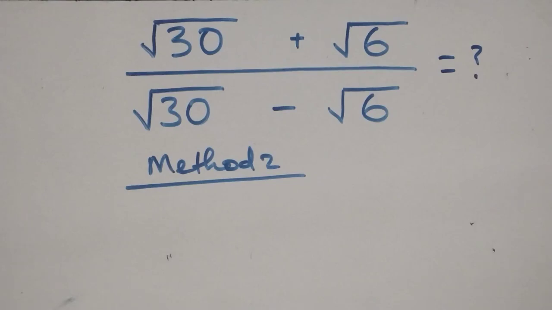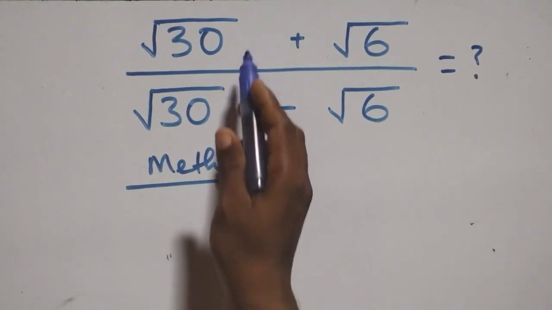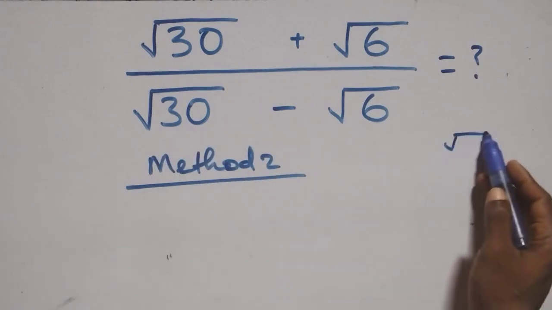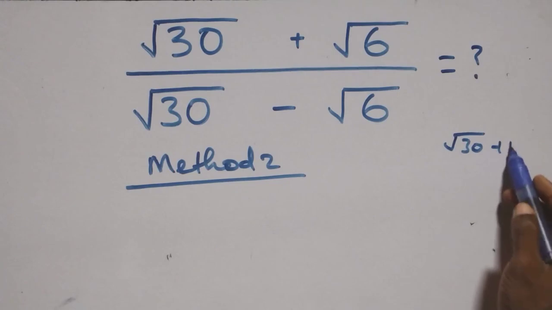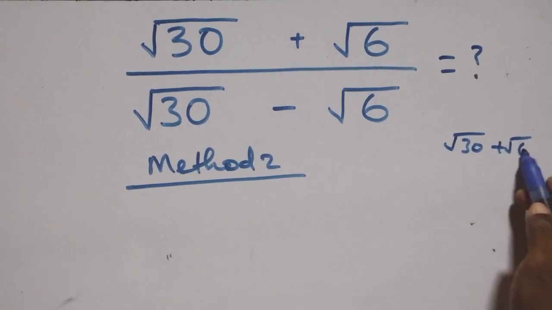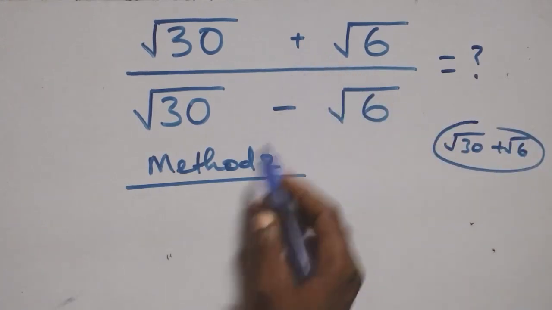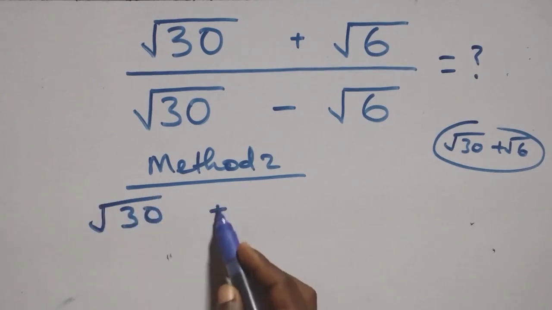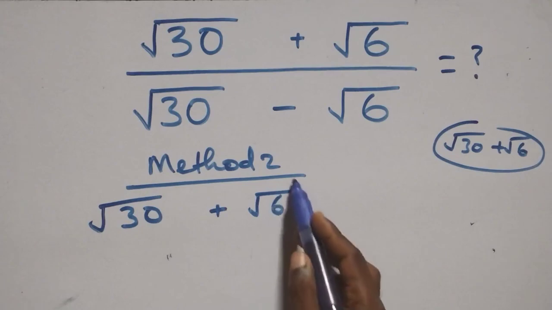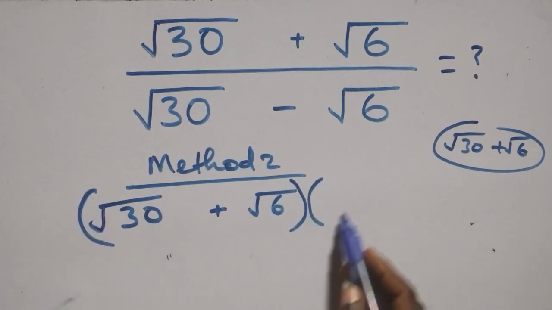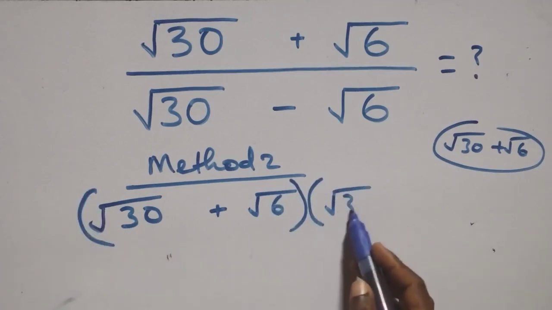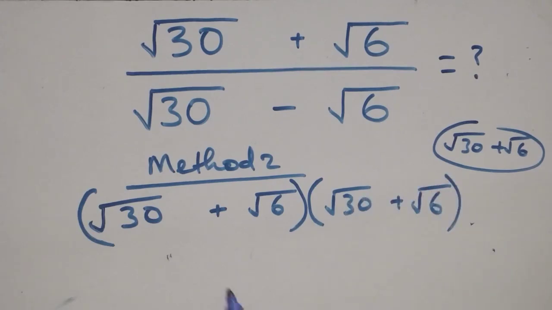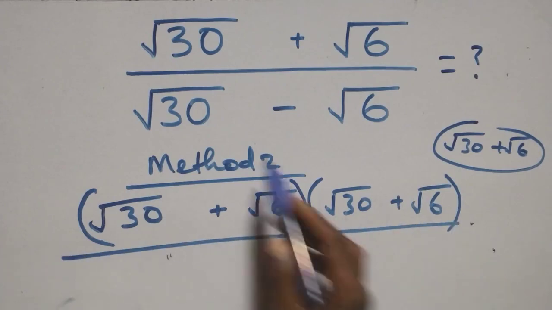From here, we can rationalize directly. Multiply the numerator by the conjugate of the denominator, which is also root 30 plus root 6. So use this to multiply the numerator and the denominator, and this becomes root 30 plus root 6 multiplied by the conjugate, which is root 30 plus root 6, then also divided by this, also multiply.